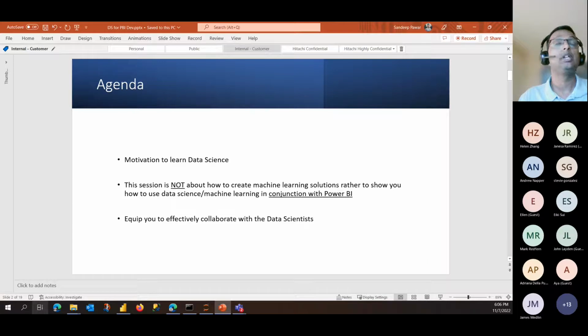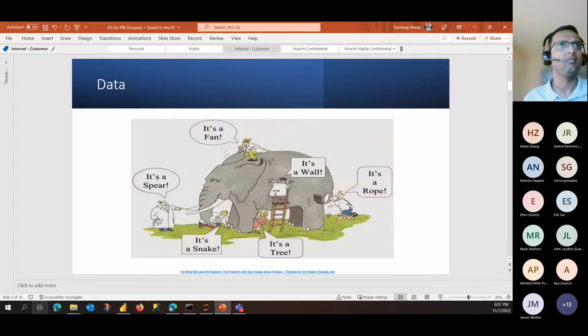You may not create data science or machine learning solutions, but if you work with other data scientists, hopefully at the end of this presentation, you will have a good enough understanding of what the data scientist does, and more importantly, how you can collaborate with them, and how you can avoid some of the pitfalls that even experienced data scientists can fall into, as one of their collaborators.